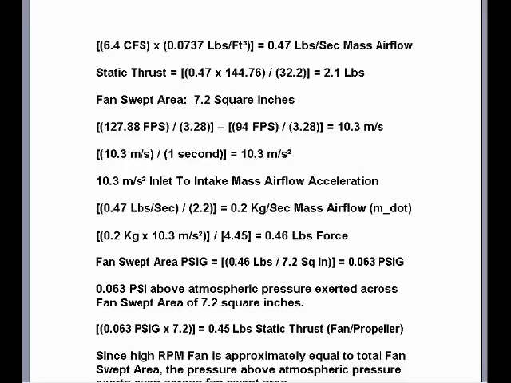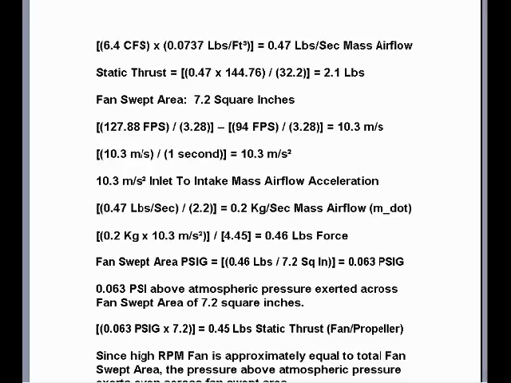So when we take the pressure above atmospheric pressure, or the PSI gauge, PSIG calculation, we get 0.46 pounds mass airflow acceleration exerted across a fan disk area of 7.2 square inches. So that would be 0.063 pounds per square inch gauge above atmospheric pressure exerted times 7.2 square inches.